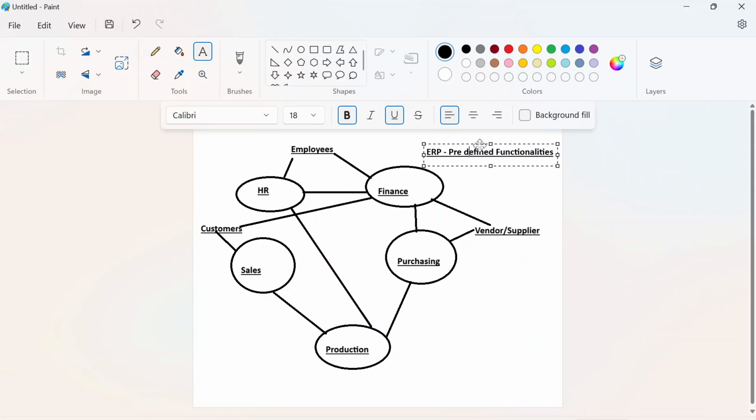But if you take two companies, most of the business process would be the same, but there might be some differences, maybe 30% differences, in how they run the organization. So once you implement ERP, you need to do enhancements as per your own requirements. If you have any special requirements, what you need to do?